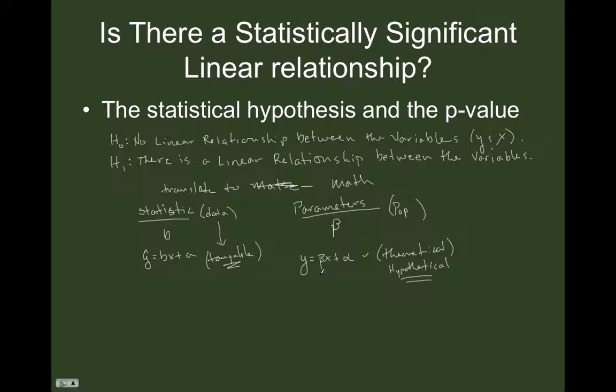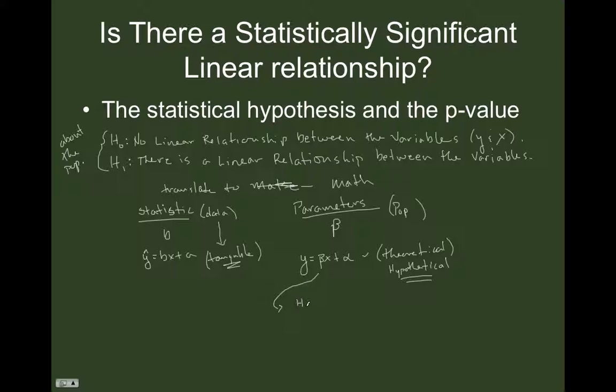Now, the hypothesis up here is about the population, not about the data. The hypothesis is always about the population, okay? Therefore, when we create our statistical hypothesis, it's going to be in terms of beta.